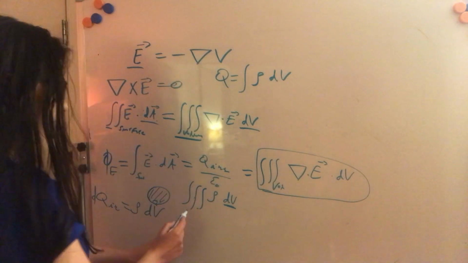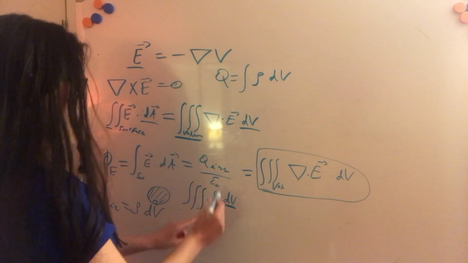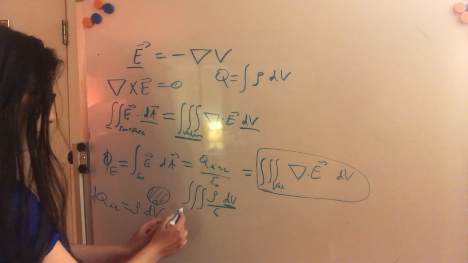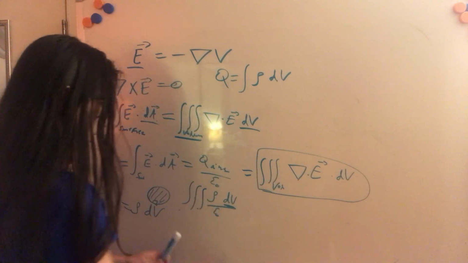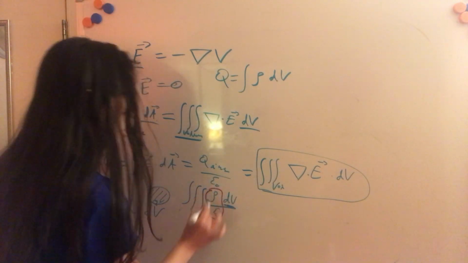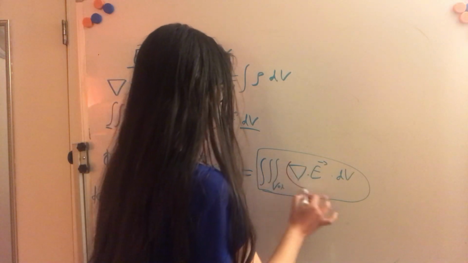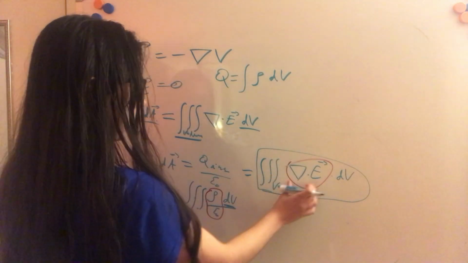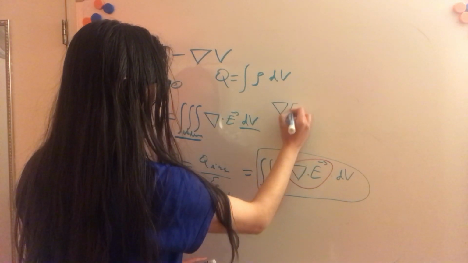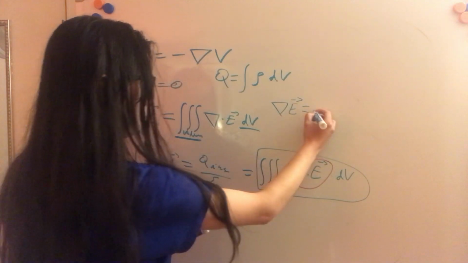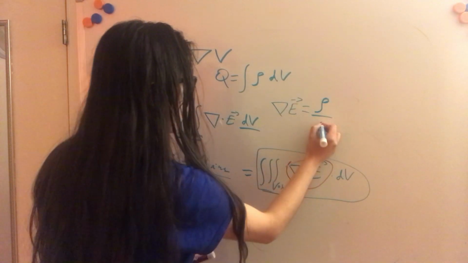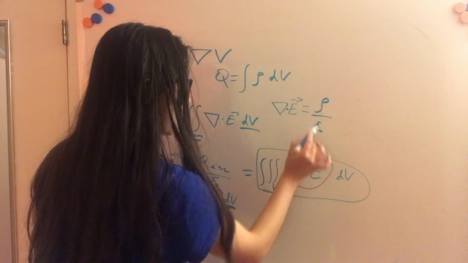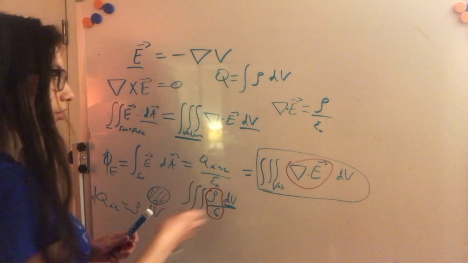And because we have that the triple integral in dV over epsilon naught, and because we have that the triple integral in dV of this stuff is the same as the triple integral in dV as this, then we have that the divergence of the electric field is equal to the charge density divided by epsilon naught.